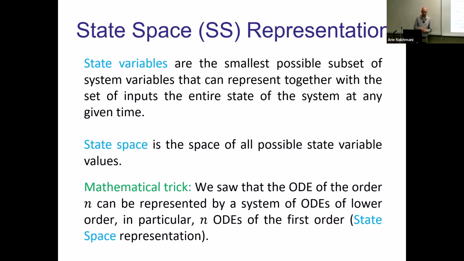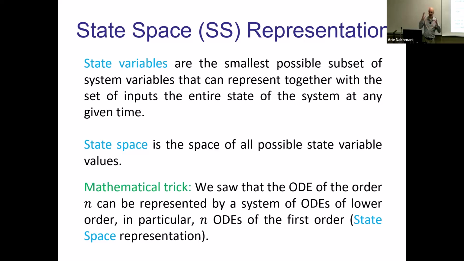Essentially, if you go deeper in understanding what is going on, it's just a mathematical trick, really. You just saw that you can write one single differential equation of third order as a differential equation of second order and first order. Similarly, you can write any differential equation as a system of n differential equations of first order.